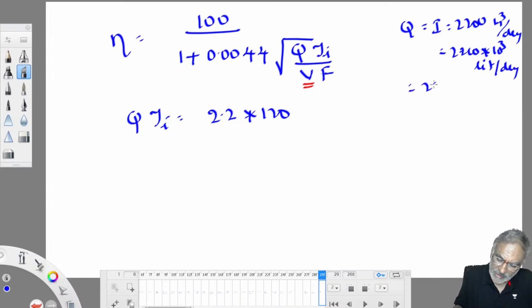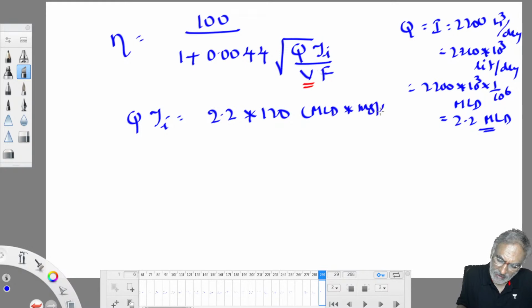How to convert liters into MLD? Okay, into 120. So MLD into milligram per liter will give the answer in kilogram per day. This product will give the answer in kilogram per day, assuming volume in hectometer. So we can substitute now.